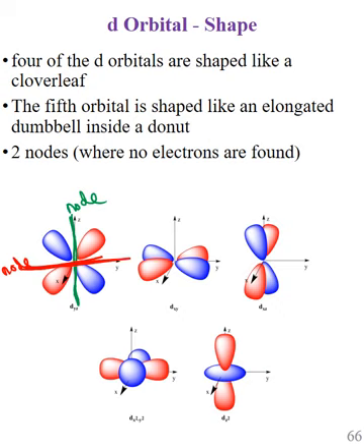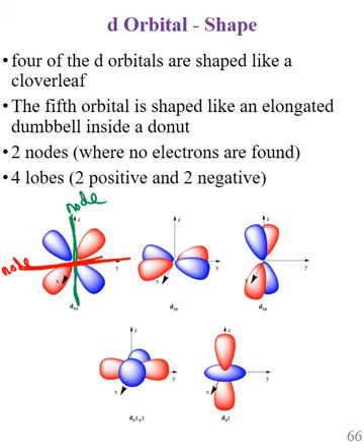With the d orbital, again, you don't need to draw them, but you need to be able to recognize that this is a d orbital. You should also be able to recognize how many nodes a d orbital will have. You should be able to recognize an s orbital, how many nodes it has, a p orbital, d orbital, and now let's look at an f orbital.